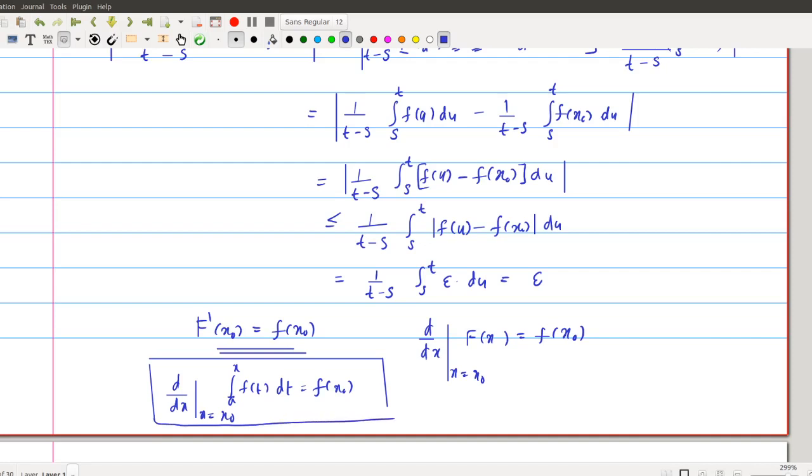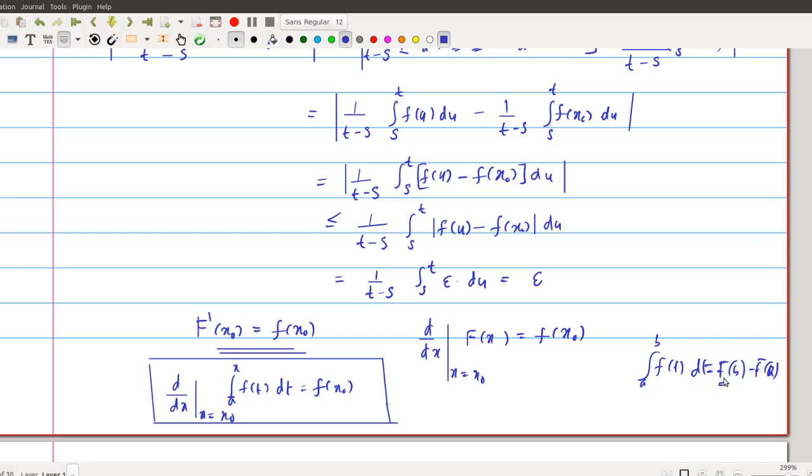So in the next theorem we will prove the fundamental theorem of calculus, in which we can see a method to evaluate the integral. That is, integral a to b of f(t) dt can be written as F of b minus F of a using this function capital F. This capital F is defined in this manner: capital F is equal to integral a to x of f(t) dt.